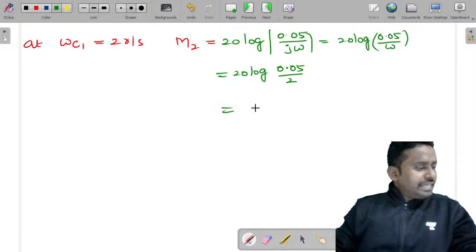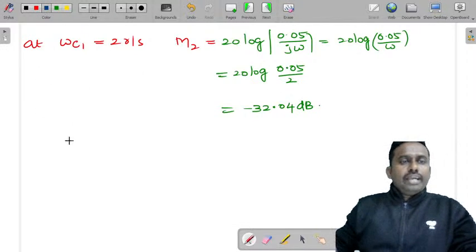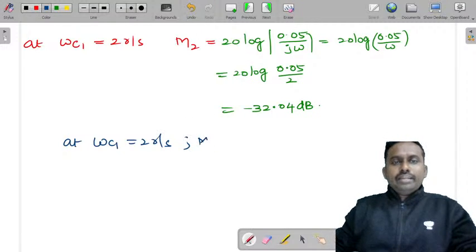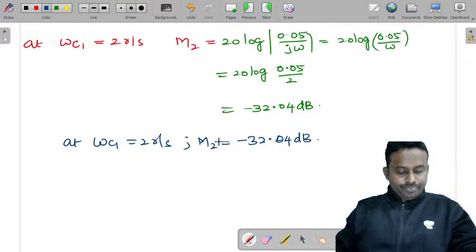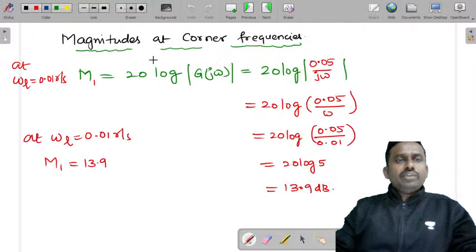This value will be minus 32.04 dB. So at omega C1 equal to 2 radian per second, M2 is equal to minus 32.04 dB. Clear? Now let's move to the next, because we have to find the magnitude at all the frequencies.